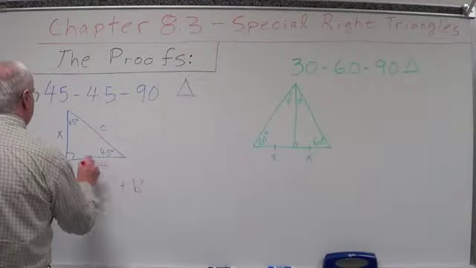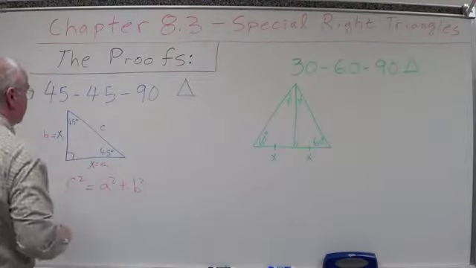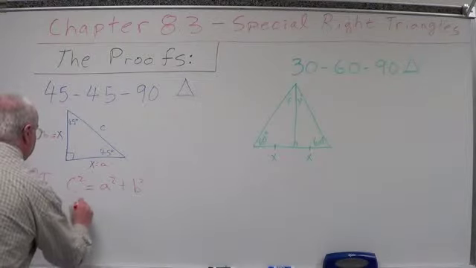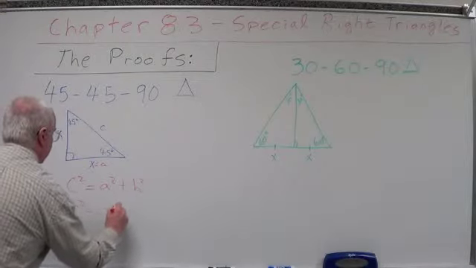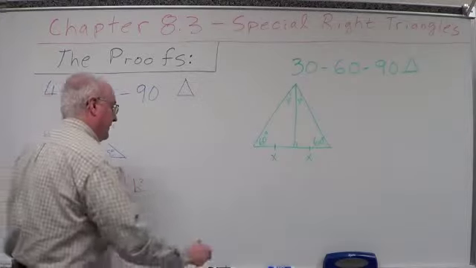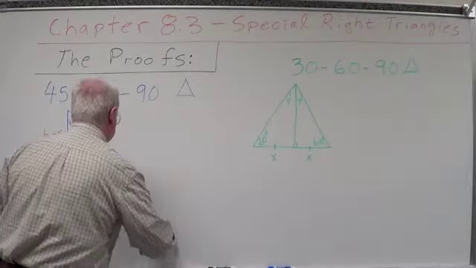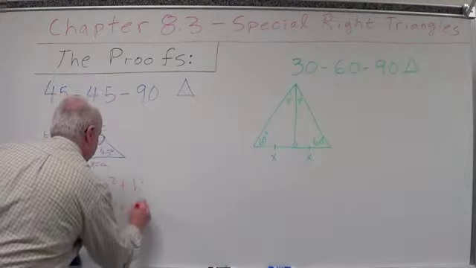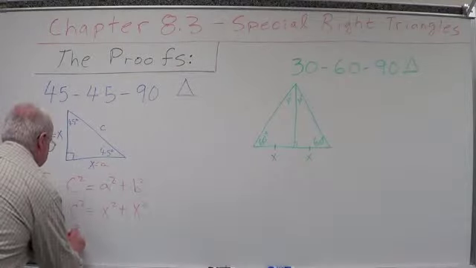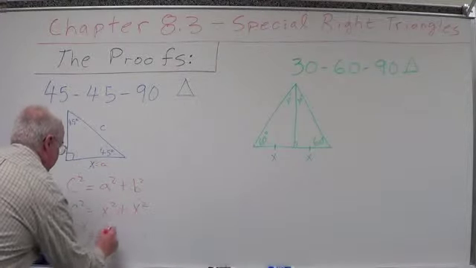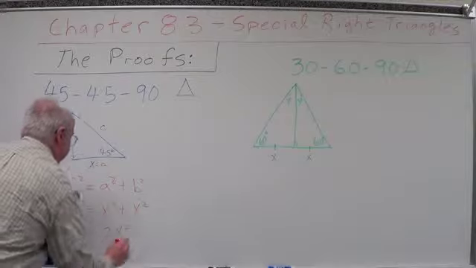Well, if this equals A and this equals B, C squared equals x squared plus, B is x, so you have x squared. Now, C squared equals, well, there's two of them, 2x squared.